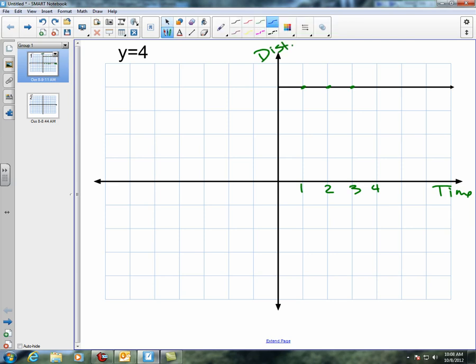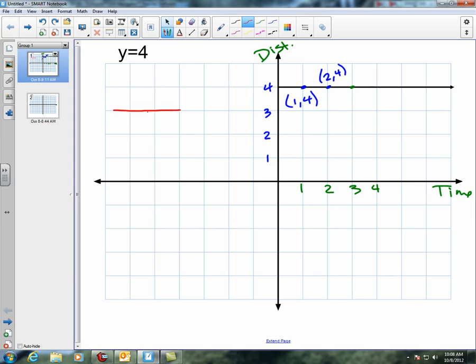So this point right here, 1, 4, because this is 4 feet away, and then 2, 4, represented that at 1 second into the data collection, the person was standing 4 feet away from the death ray, and at 2 seconds in, they were also standing 4 feet from the death ray.